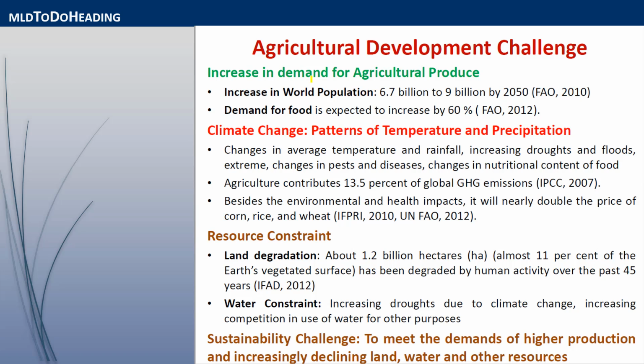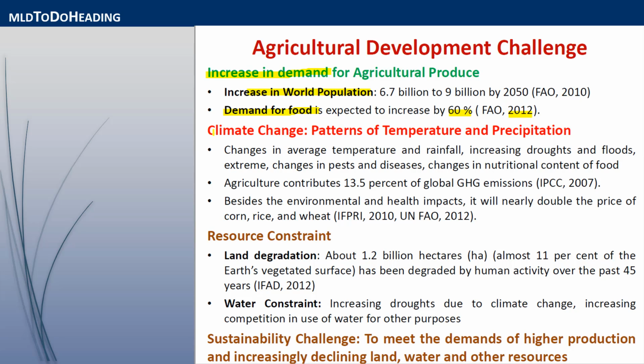And this report says there is an increase in demand across the world population for agricultural products, and the demand for food was expected to rise by 60% around 2012.